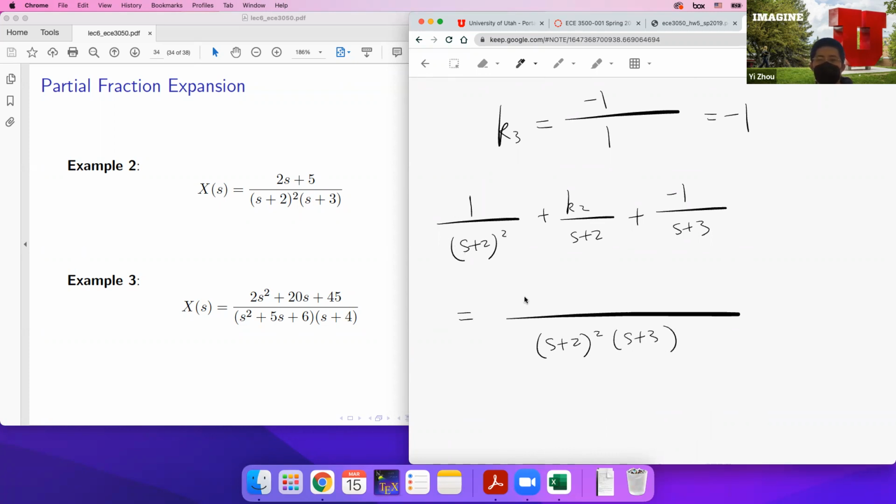So this will have s+3, and this has k2(s+2) times (s+3), and this one has -1 times (s+2)^2.